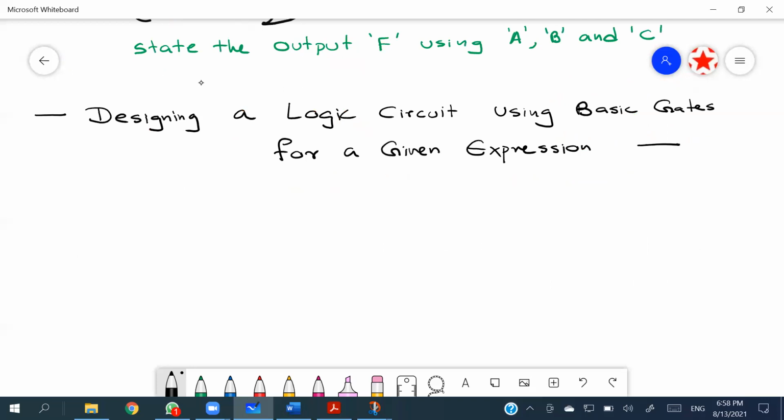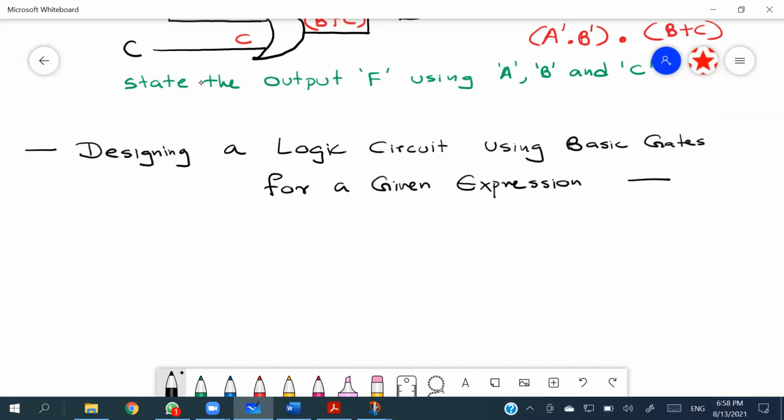So now as an example, I'm going to take this equation. F equals A bar plus B dot C bar, right?